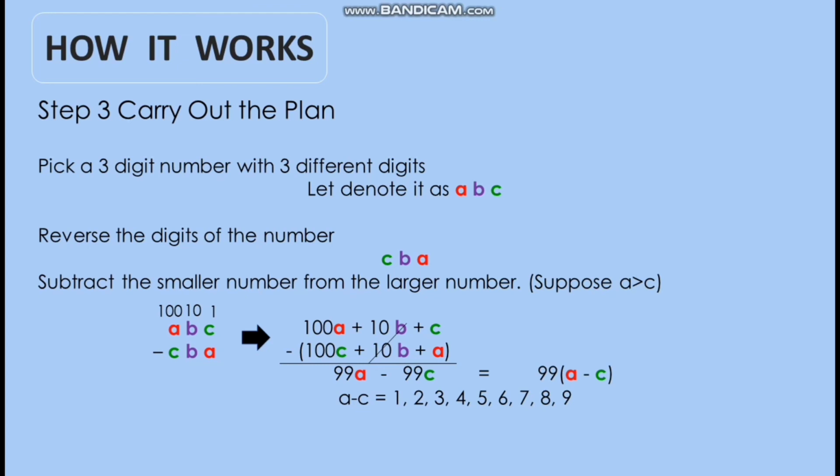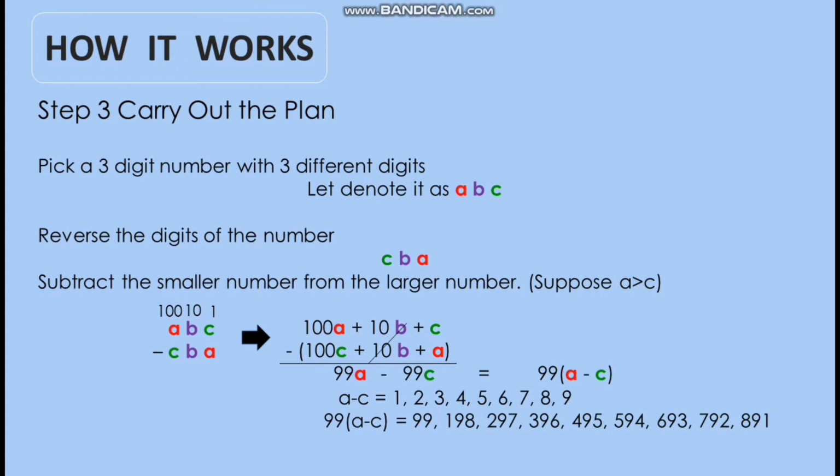Now, isa-substitute lang natin to sa 99 times A minus C. And ang makukuha nating sagot ay 99, 198, 297, 396, 495, 594, 693, 792, 891.